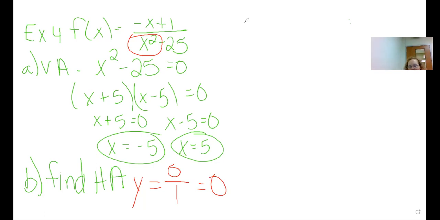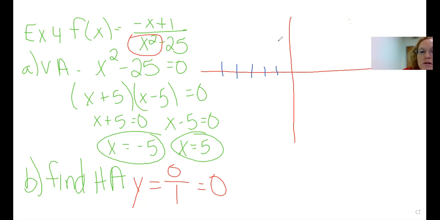Now keep in mind, that doesn't mean that there isn't a horizontal asymptote. There is a horizontal asymptote. It is just at 0. And so if you were going to draw this, I'm going to draw my x and my y axis right here. I'm going to get blue, a little bit of a different color. I would have 2 vertical asymptotes, one at negative 5 and one at positive 5.